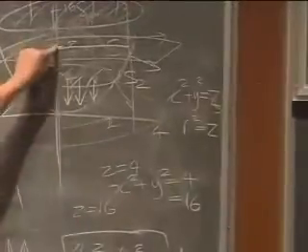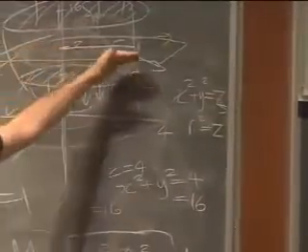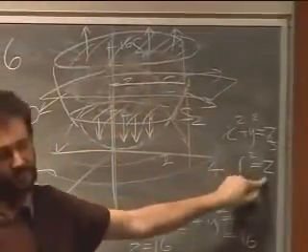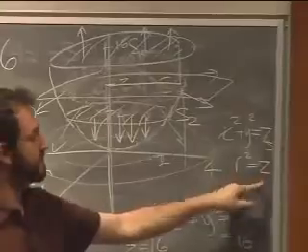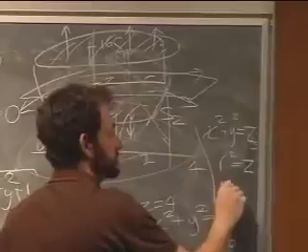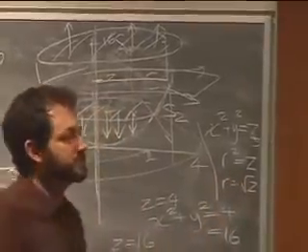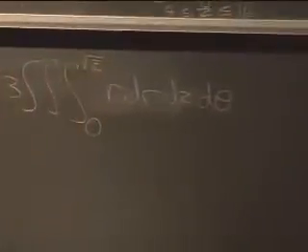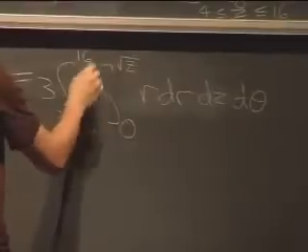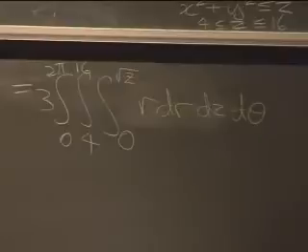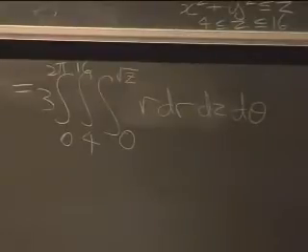So the r starts at 0, and when we're at a height of z, the time we leave is when r squared equals z. Well, that means r is equal to root z. So in this integral, r is going to go from 0 to root z, z goes from 4 to 16, and theta goes from 0 to 2 pi, because we're covering the whole thing.